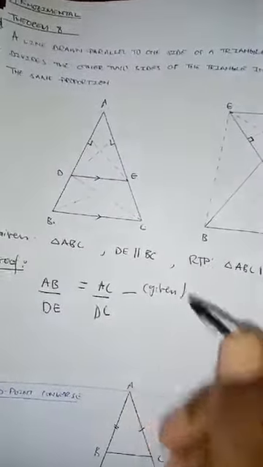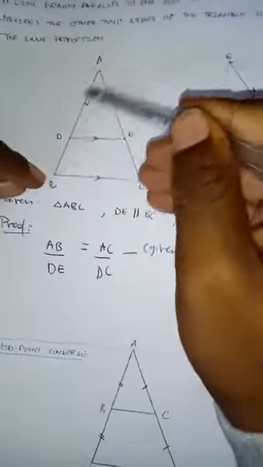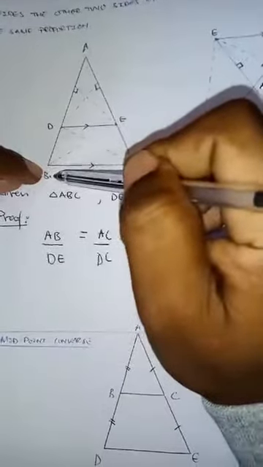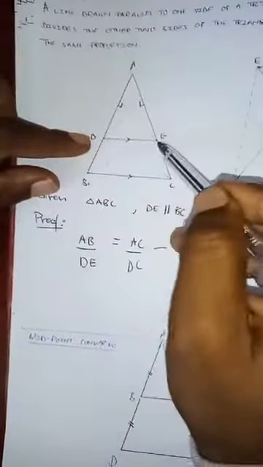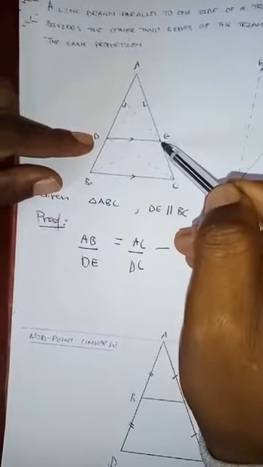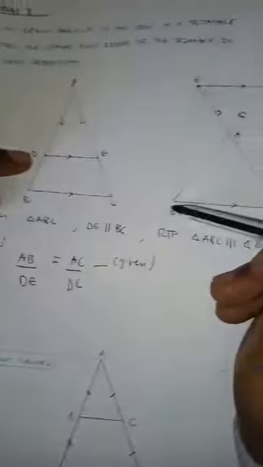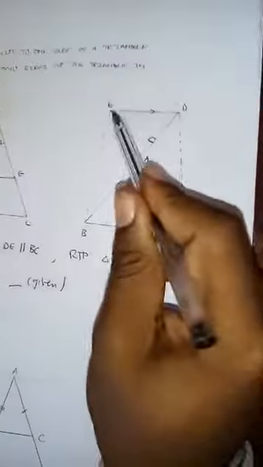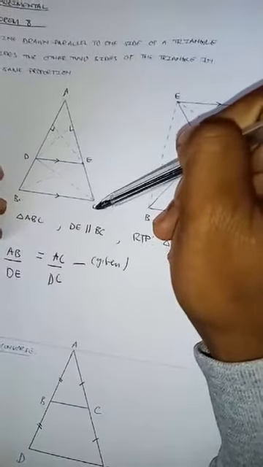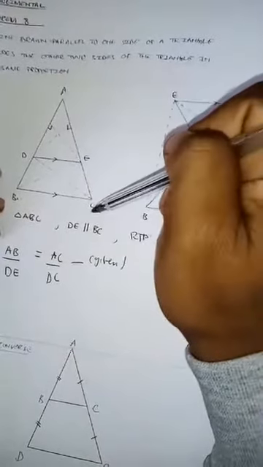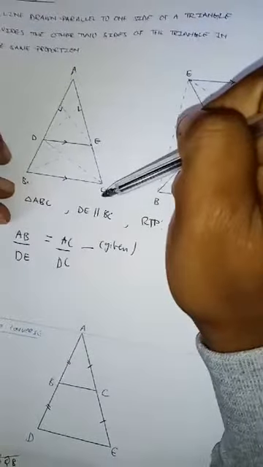So let's look at it again. AB over DE is equal to AC over DC.